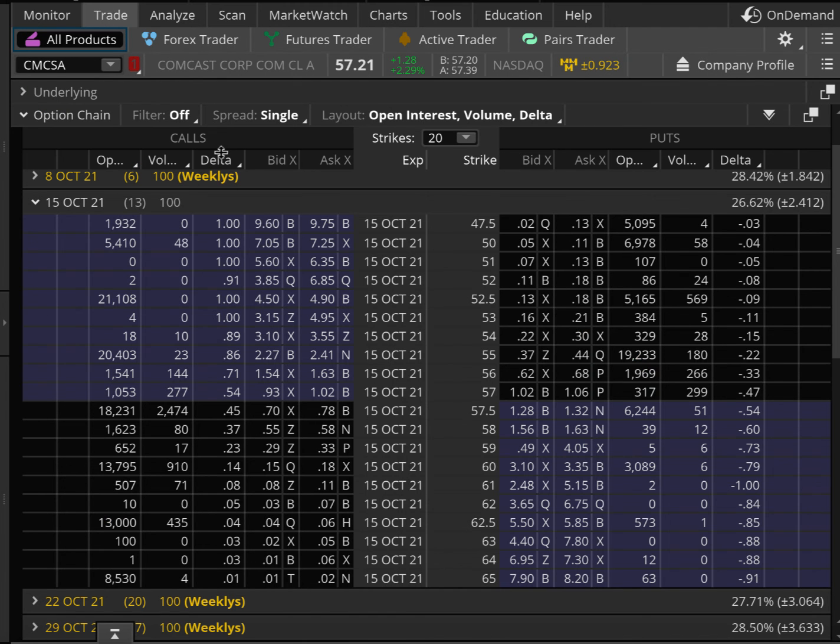Or to buy a single leg option of either a Delta 70, or you could buy an at the money at 57.5, or a riskier trade would be to buy the $60 strike, where the volume and open interest are, because it's the upper level of resistance. So there's a number of ways that you can trade that based on your risk tolerance.